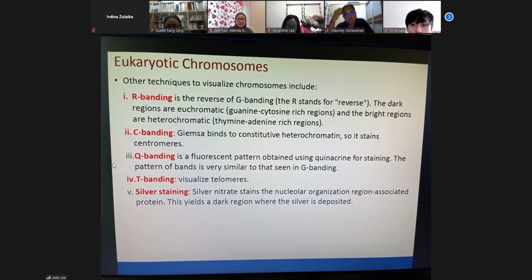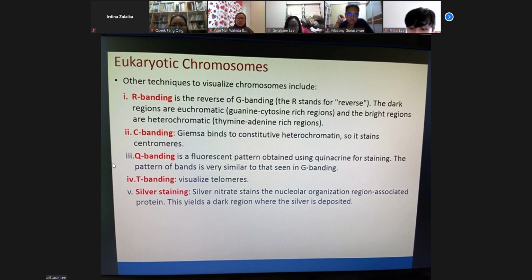So this yields a dark region where the silver is deposited. So there are many, not only the G band, but R banding, C banding, Q banding, T banding, and silver staining can be used to analyze the chromosome characteristics. Okay?